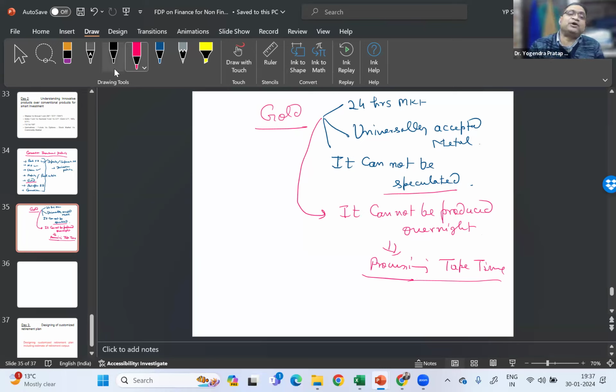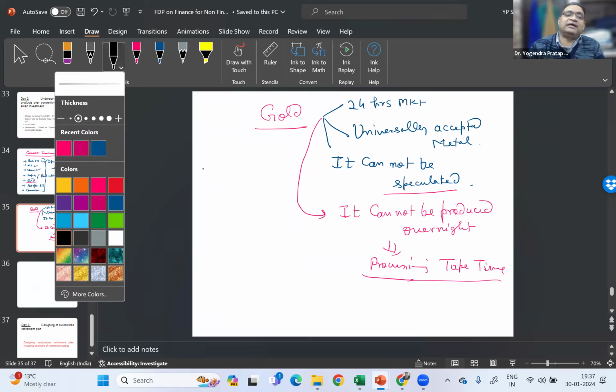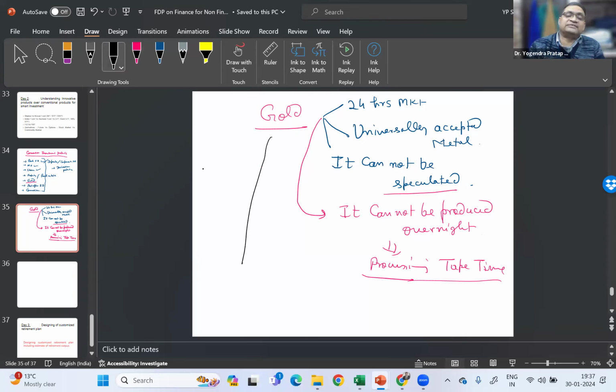And the most important feature of the gold, why this is close to me, is that this is the inflation proof material. Inflation proof metal. Can you explain what it means, inflation proof material?